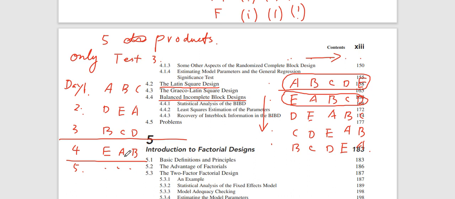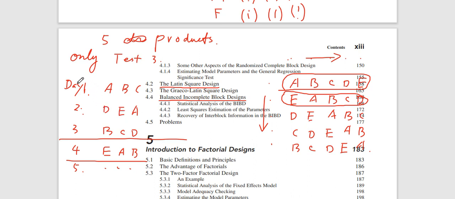We can also consider having 3 machines or 3 of something. So we have this kind of problem: how many tests do we need? We also need it to be balanced. So this is the balanced incomplete block design.